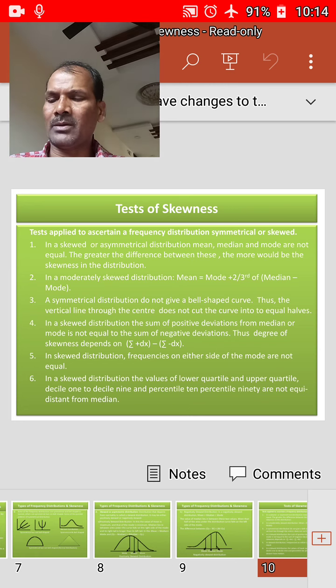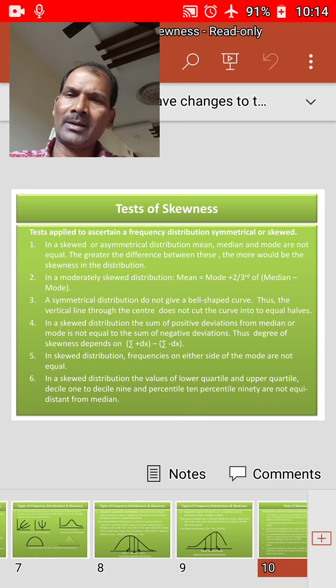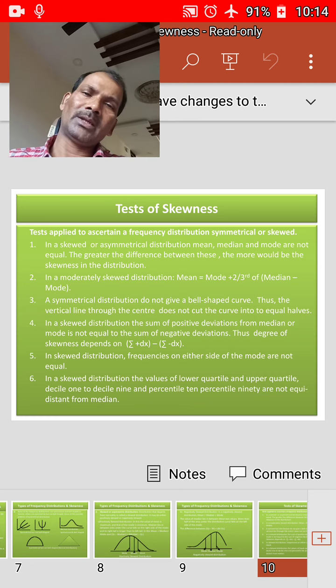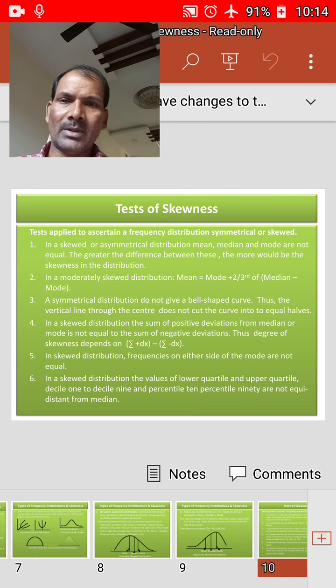If, as we have gone through, the lower quartile and upper quartile are equidistant from the median, decile 1 and decile 9 are equidistant from the median, and percentile 10 and percentile 90 are equidistant from the median, then it is a symmetric distribution, not a skewed distribution.